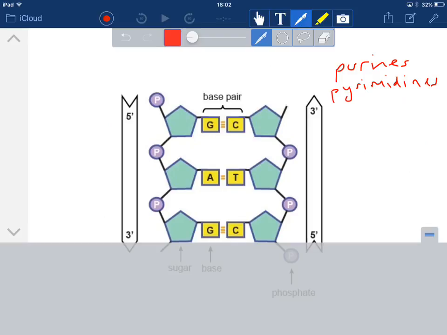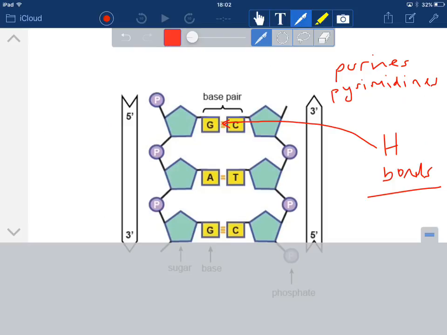Each of these bases is either a purine or a pyrimidine. They form hydrogen bonds between each other, and that is the mechanism by which two strands are held together.